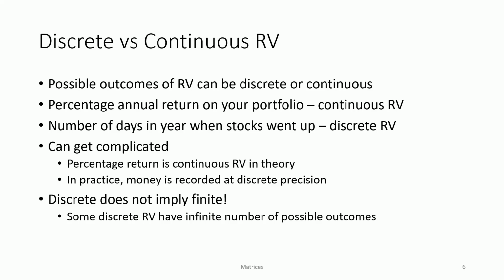But in practice, money is recorded in discrete precision, let's say in cents. So if your portfolio is in hundreds of thousands of dollars, usually the value of it at the bank or at your brokerage will be recorded at a precision of up to 1 cent, right?